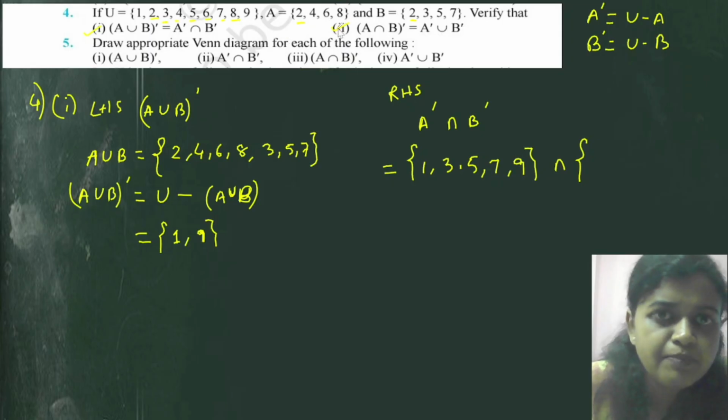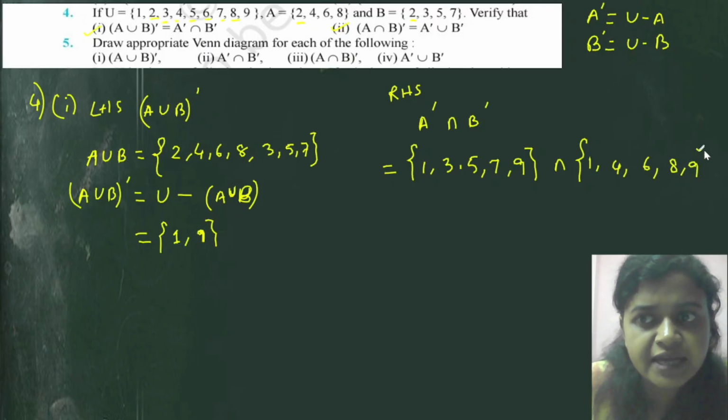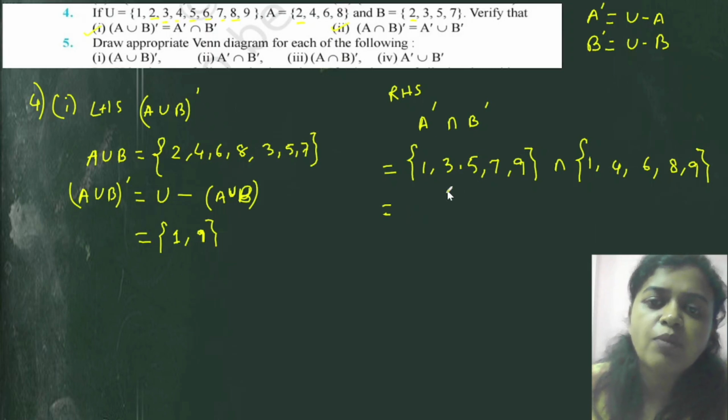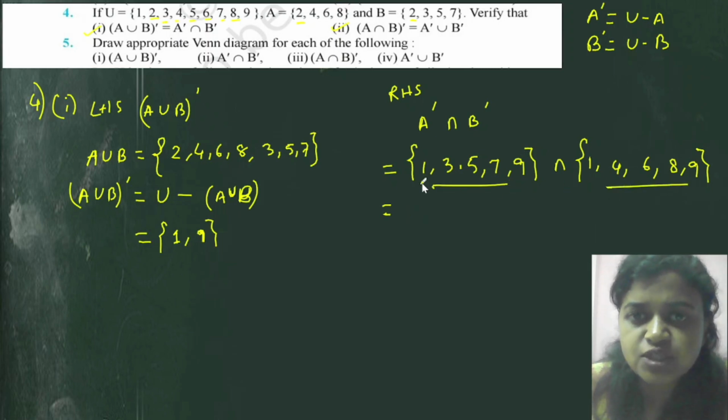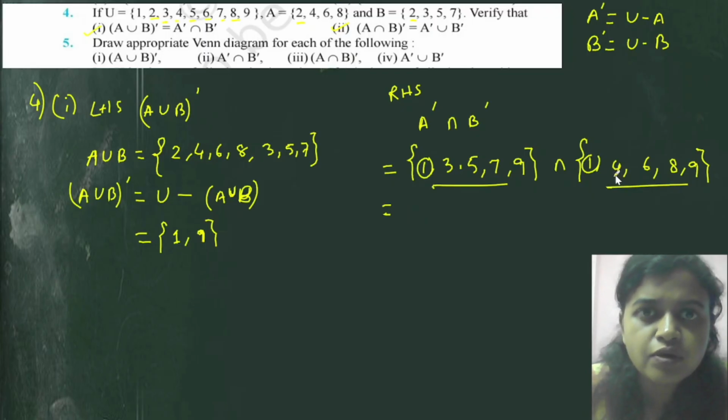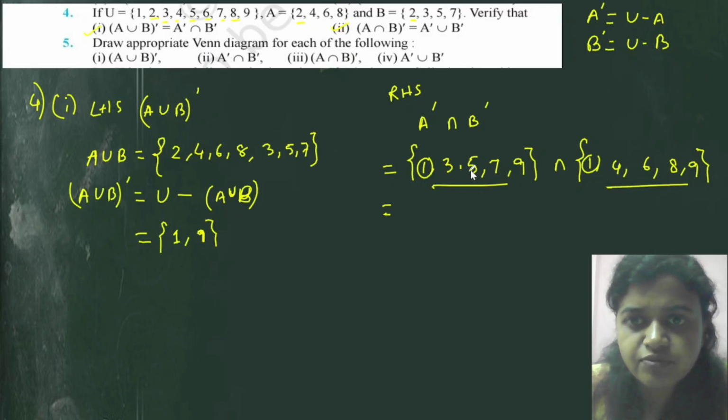Intersection B complement. We have to subtract all the elements of B from U, so 1, 4, 6, 8, 9 remain. Now you have to take the common elements between this set and this set. 1 is common, 4 is not common, 3 is not common, 5 is not, 7 is not, 9 is common.